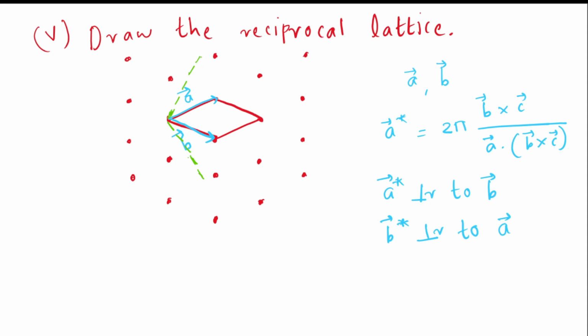So the unit cell in the reciprocal lattice will look something like this. So drawing it separately, we will get it like this.